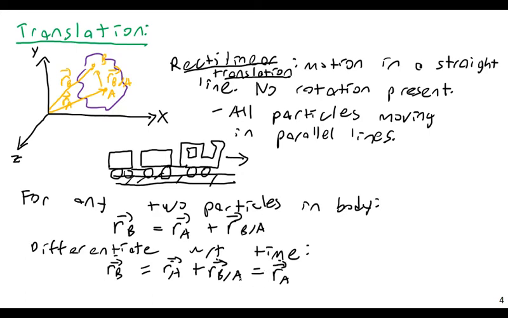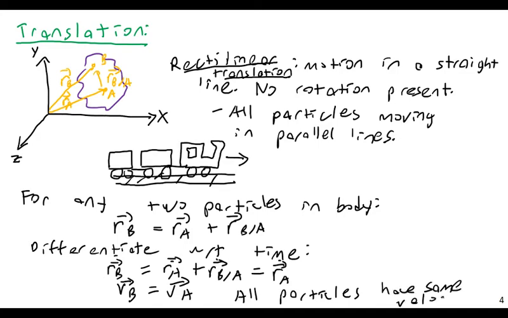So VB, the velocity at point B, equals VA. Therefore, all particles have the same velocity. All particles will have the same velocity.